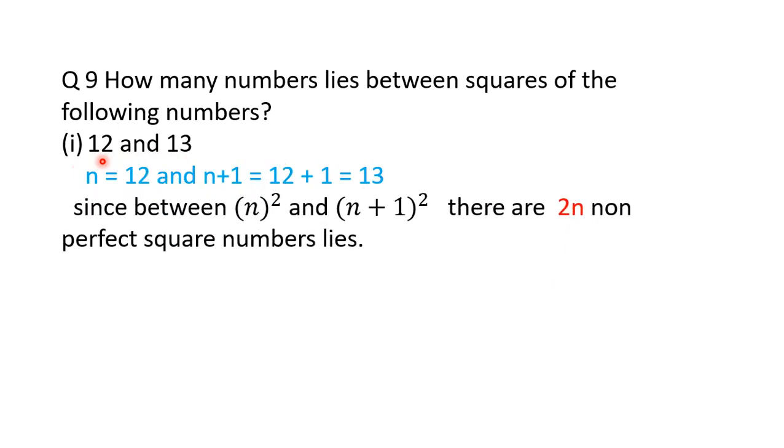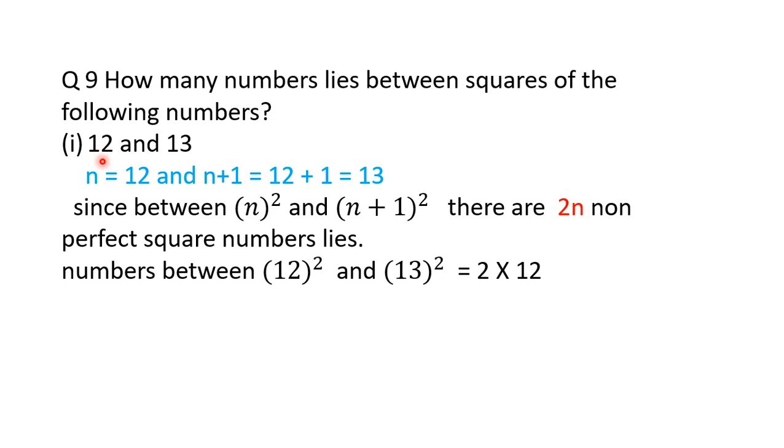We know that between n square and (n plus 1) whole square, there are 2n non-perfect square numbers. Here 12 square and 13 square are given.